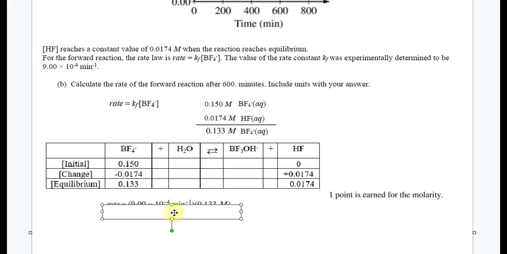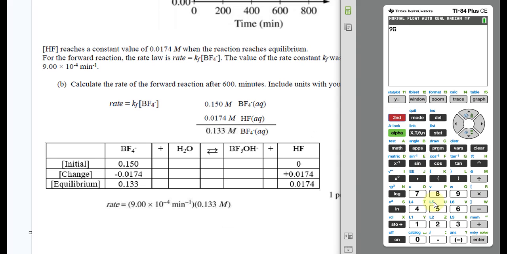Doing the calculation, we take our rate constant, 9 times 10 to the negative 4, and multiply it times the concentration of the BF4, which we now know. Calculator time. 9, second function, e raised to the negative 4, times the 0.133. Of course, if you use the 0.15, your answer would be wrong.